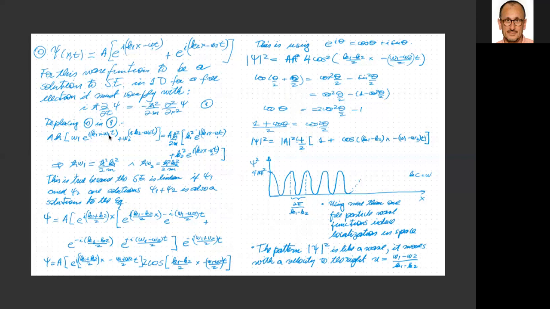Here, the derivative with respect to time gives the same value for the equation, except that it lowers the factor of ω for each one of these terms. See, it's iħω, and that's why the ħ is outside here. The i with the minus i here is canceled. So you just get a factor of ω in front of each one of these terms, okay?